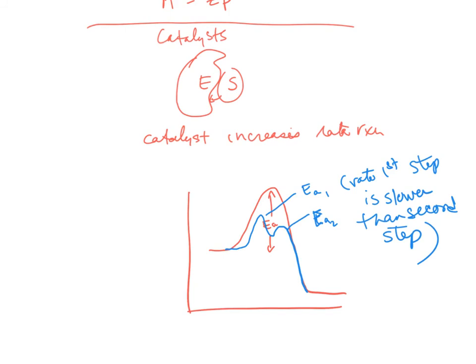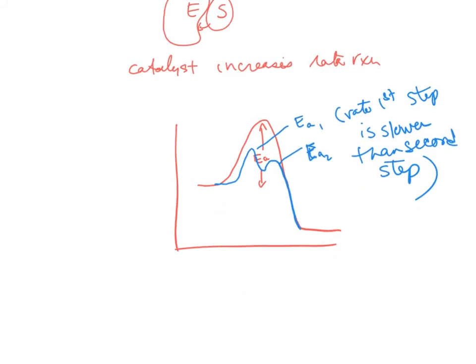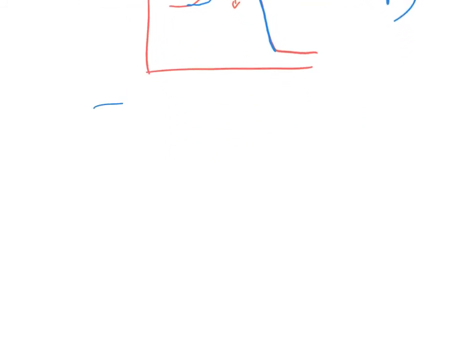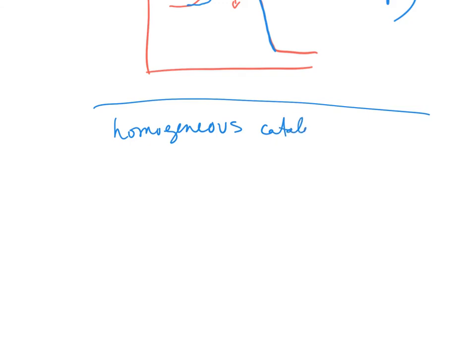All right, and then also we can talk about, this is kind of the last topic here. Bear with me. So we can talk about homogeneous catalysts and heterogeneous catalysts.